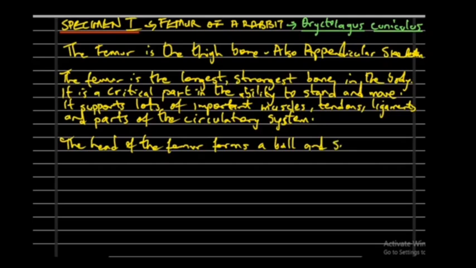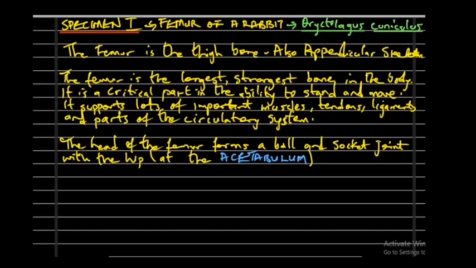This one also forms a ball and socket joint with the hip at the acetabulum. That is the name of the joint where we have this particular bone connected.